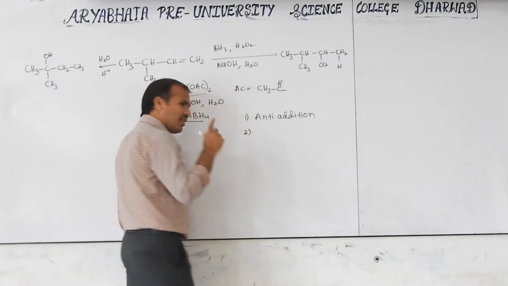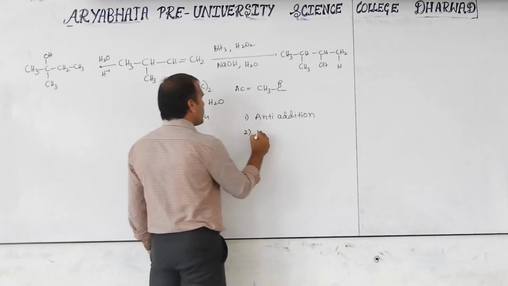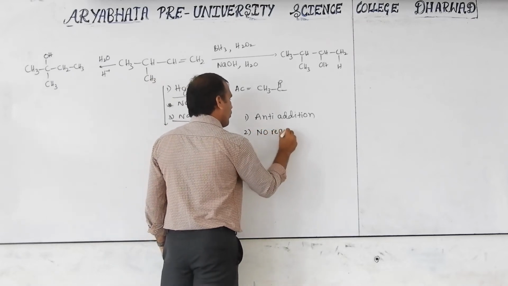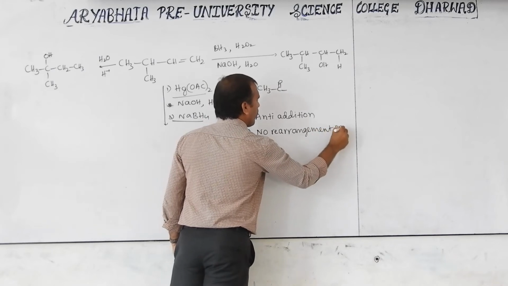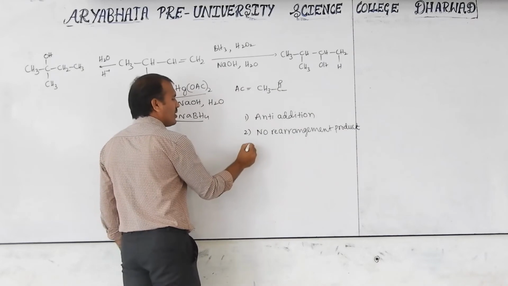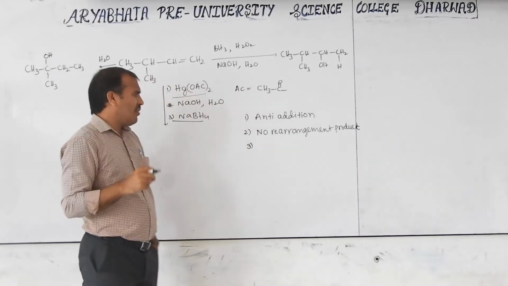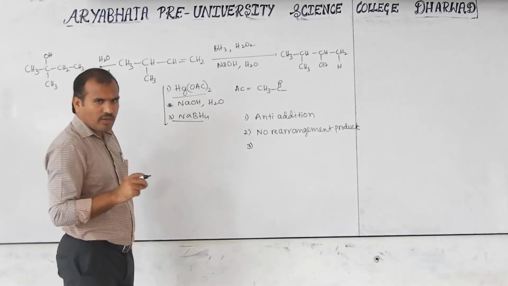Second one: no rearrangement product, here also no rearrangement products. Third one: there will be a non-Markovnikov or anti-Markovnikov product.